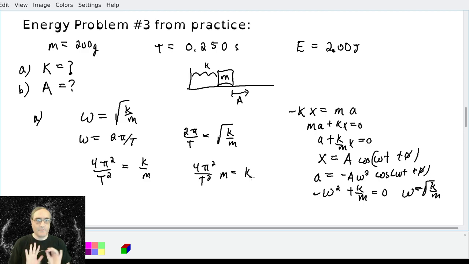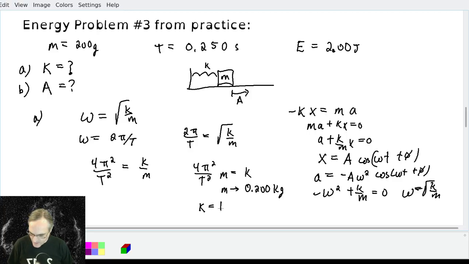Now we do need to be careful about units here. If we want the units to be normal units like newtons per meter for K, then we need to convert mass into kilograms, so 0.200 kg. Alright. I suppose I can just do 2 times pi divided by the period, which was 0.25, and then square it, multiplied by the 0.2 for the mass.